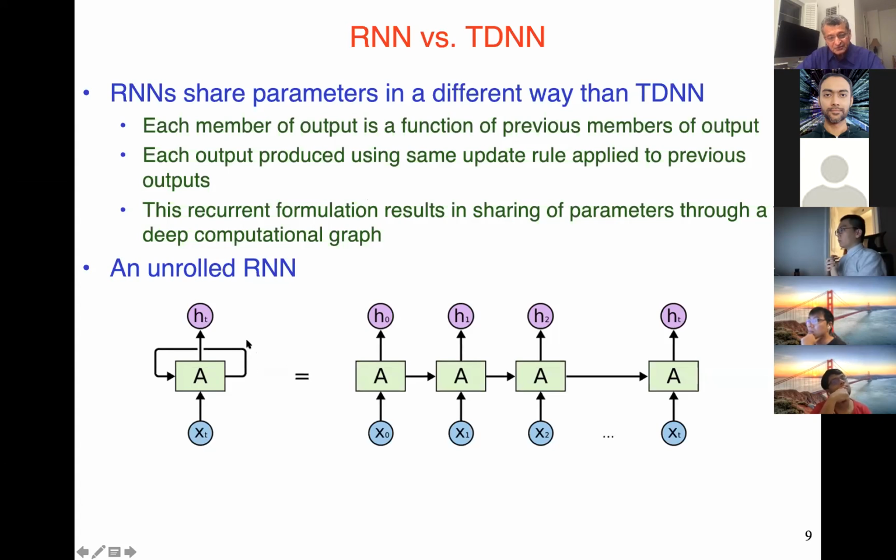We can think of this network with a feedback path as being unrolled. This is called unrolling. x_0 goes to A, we get an h_0, and we feed whatever A was computing to the next stage.